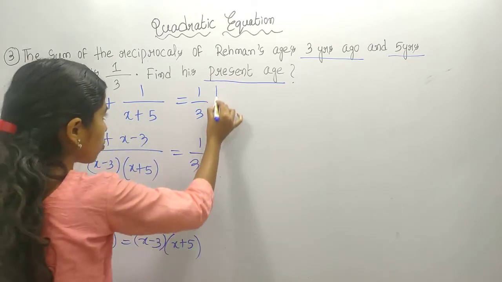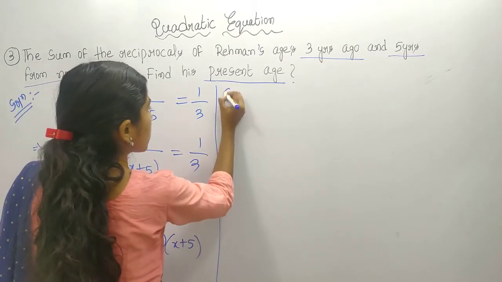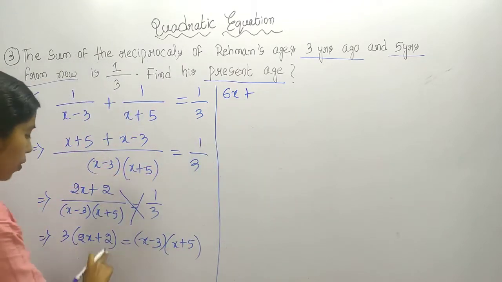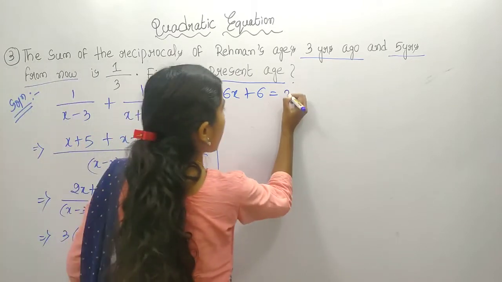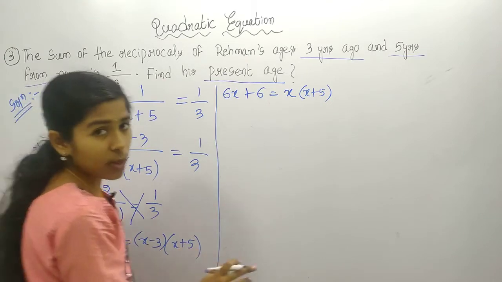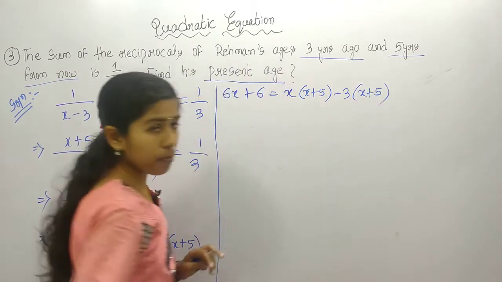Okay. So next you see 3 into 2x is 6x plus 3 into 2 is 6 equals to x into x plus 5 minus 3 into x plus 5, right?